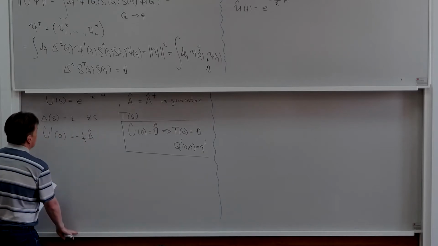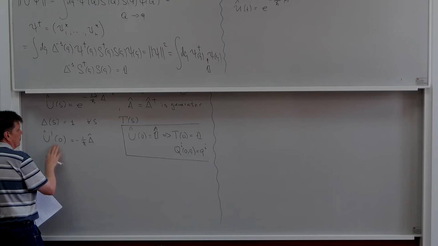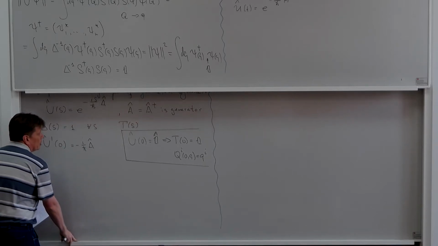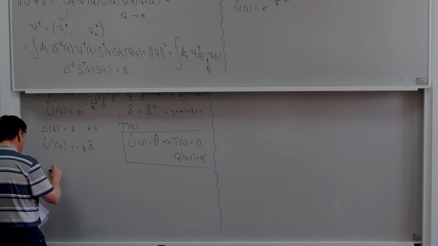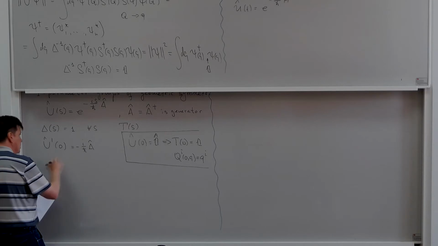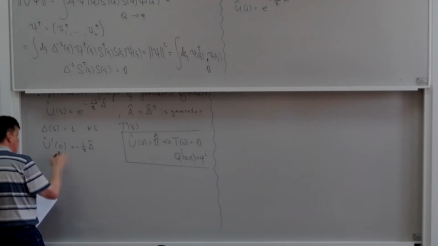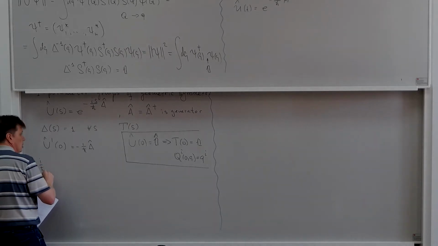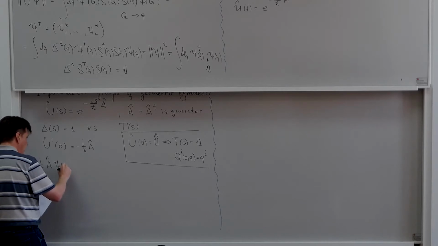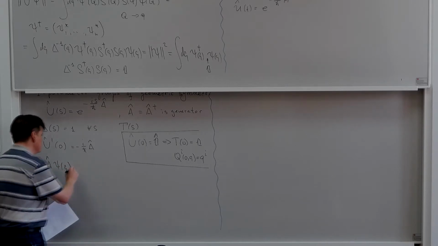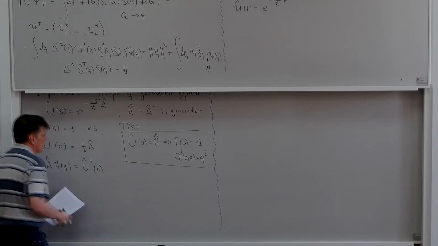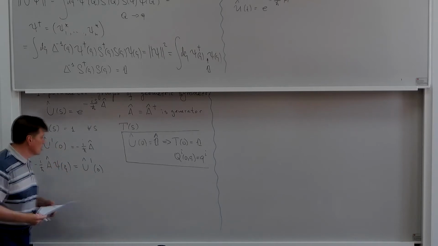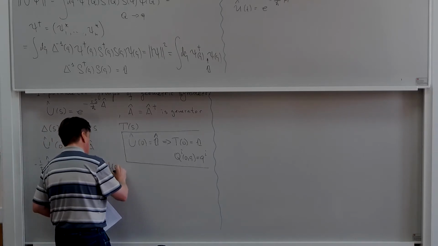Now let us apply this formula to the case of geometric symmetries. For this end, I just act by this operator, minus i over h bar A, on some test wave function psi of q. According to this equality, I can write this as the derivative of U at 0 acting on psi of q.